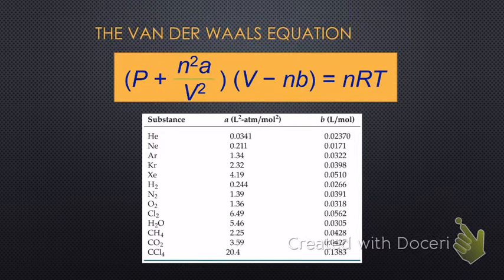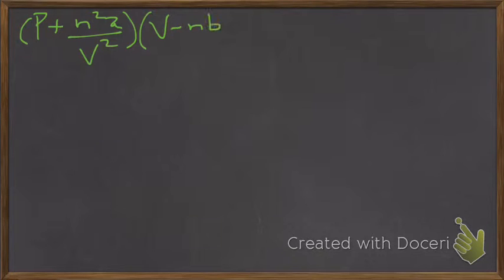So the equation was this: P plus n squared A divided by V squared, times V minus nB, is equal to nRT. The question was asking for us to solve for P.